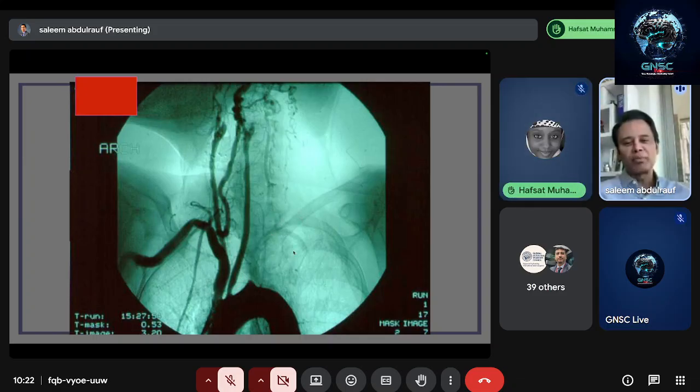She has no flow to the left arm. The right common carotid and internal carotid artery is occluded, no flow to the brain. The left internal is occluded also. The only one of the 4 vessels that's open to the brain is the right vertebral artery, okay?